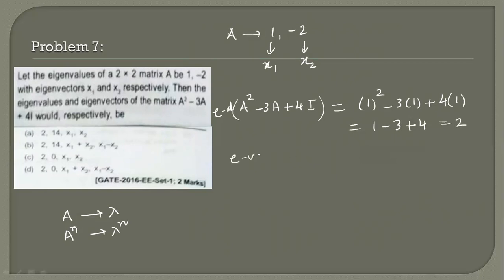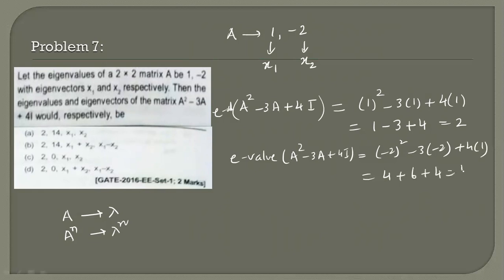And the second eigenvalue of A square minus 3A plus 4I will be minus 2 square minus 3 into minus 2 plus 4 into 1. It will be 4 plus 6 plus 4, which means 14. So the option is 2 comma 14.